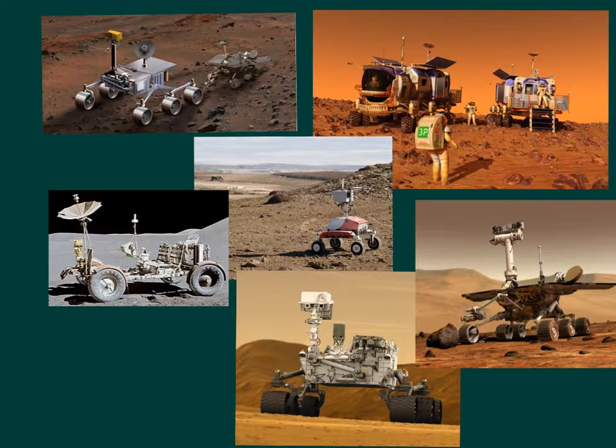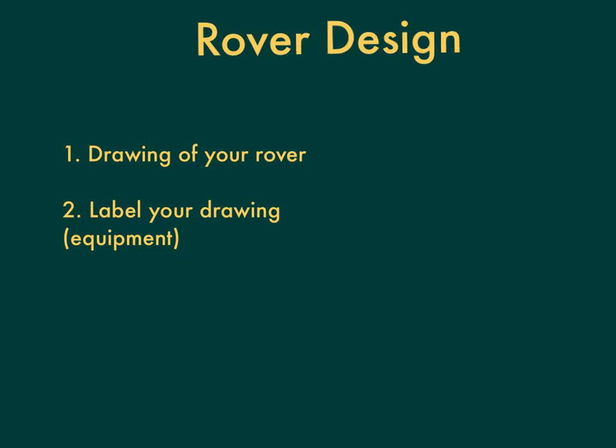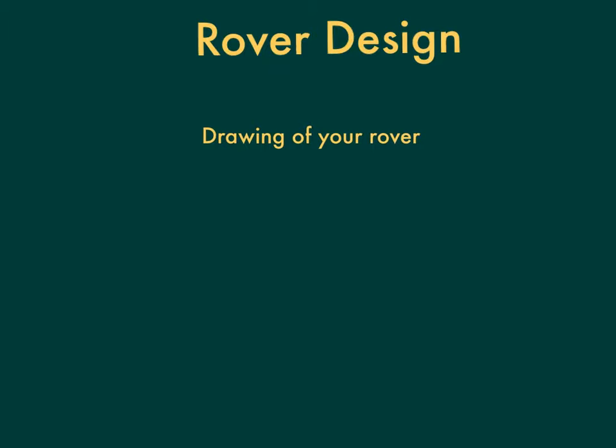So for your assignments, here we go. This is what you need to have. Your design needs to contain the following things. You need to have a drawing of your rover. Don't just copy what you see. Make sure that yours is unique.